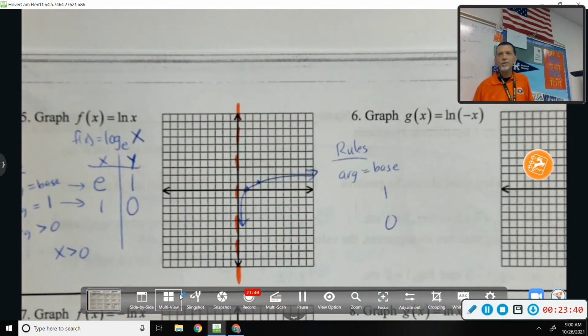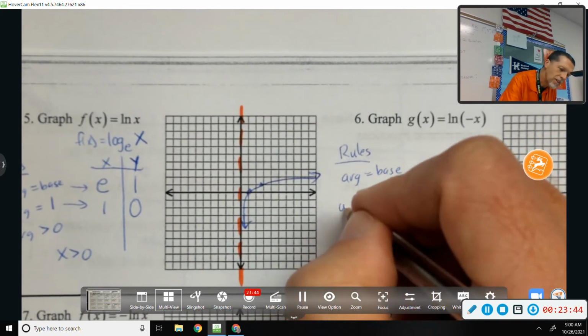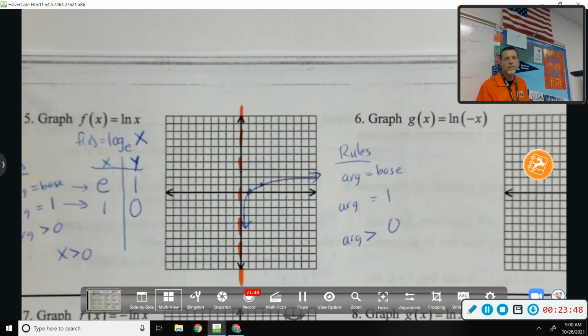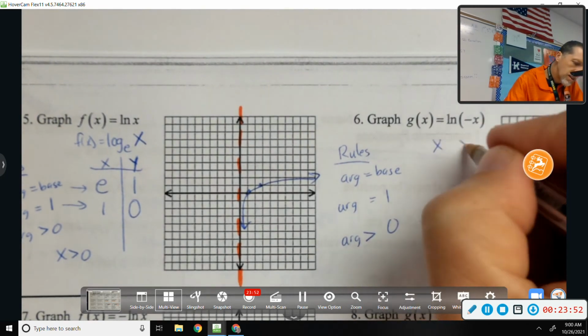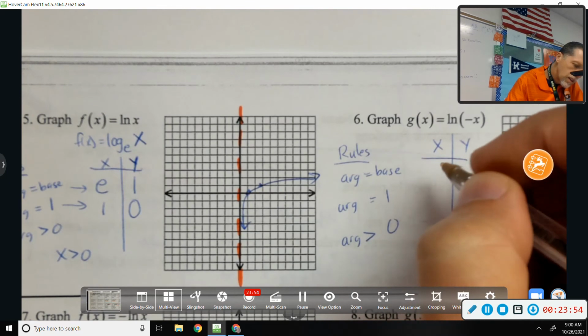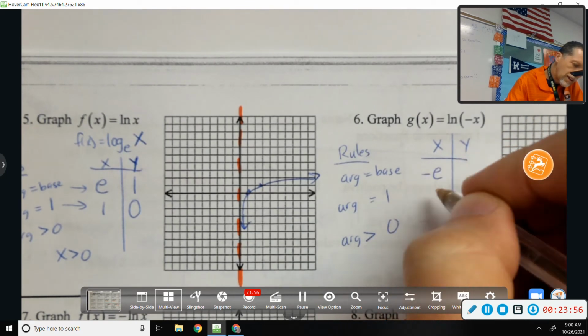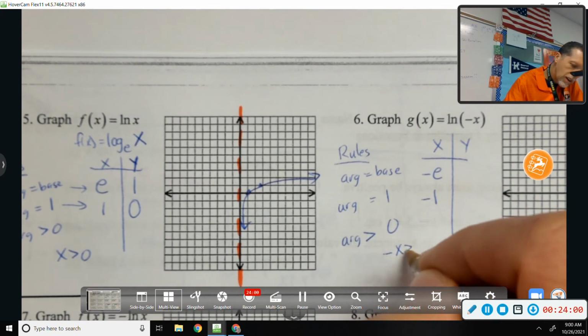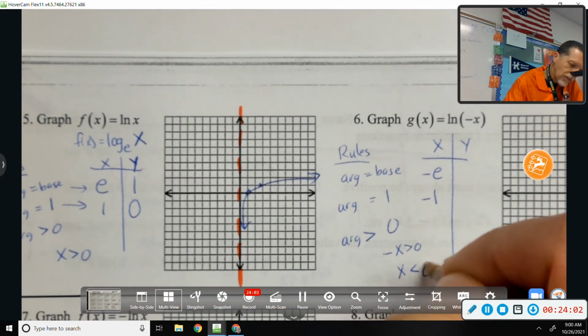And the log rules are base not 1 and not 0. Argument equals base, argument equals 1, argument greater than 0. So negative e, negative 1, and x is less than 0.